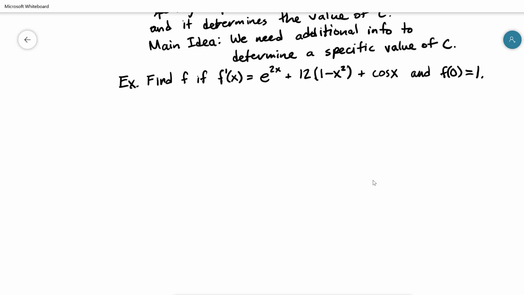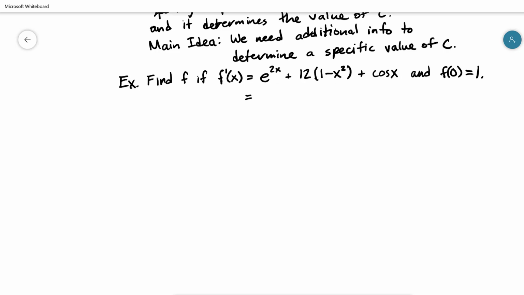So this is going to be that initial condition or that additional piece of information that we'll use to determine what the value of C is for this problem. So to figure out this problem, I need to rewrite all of these pieces into something that I can take the antiderivative of. This one's close.